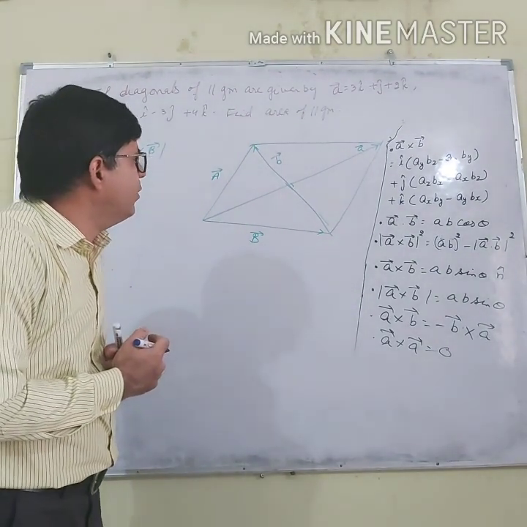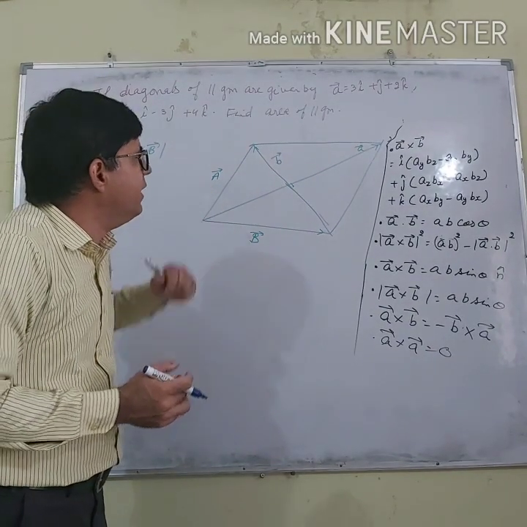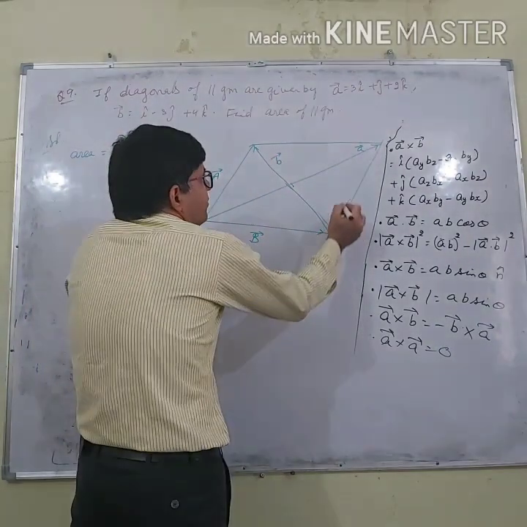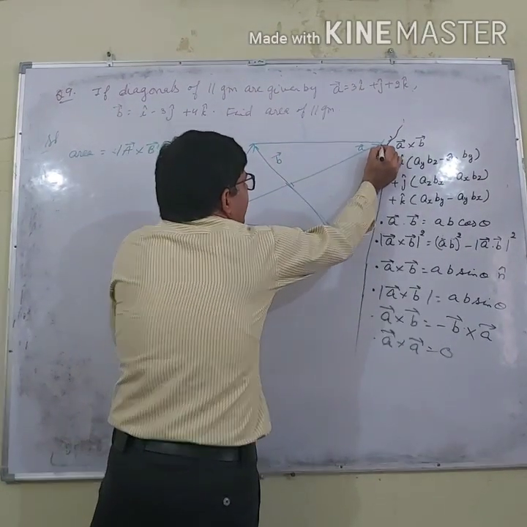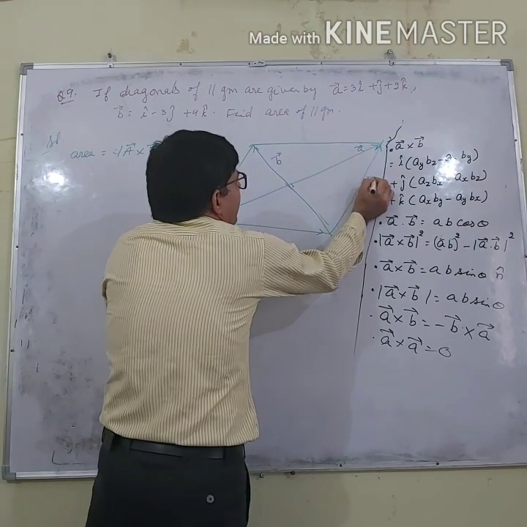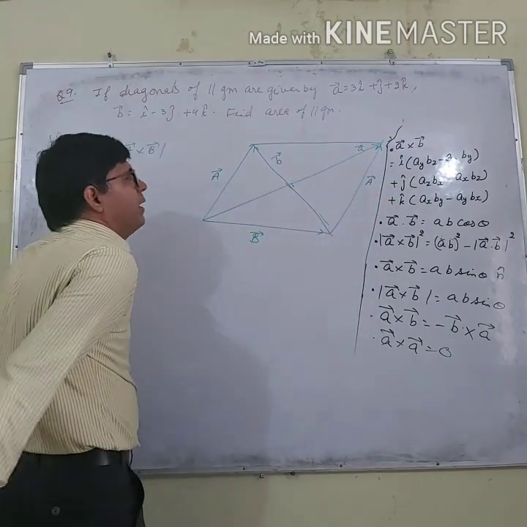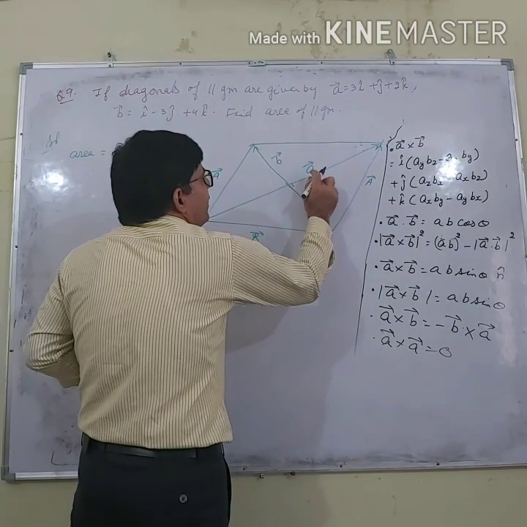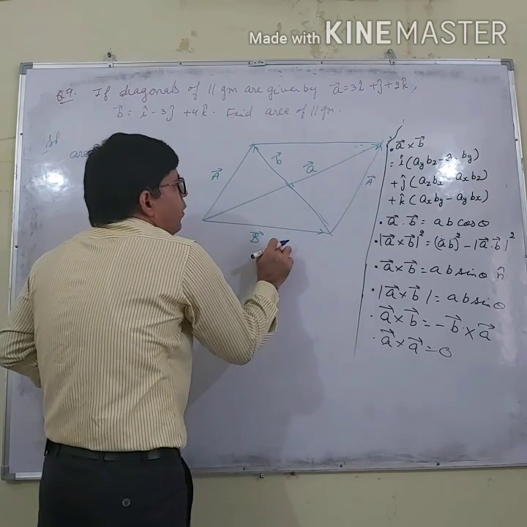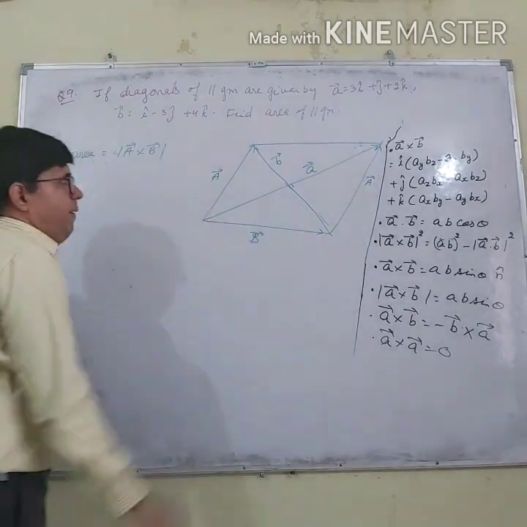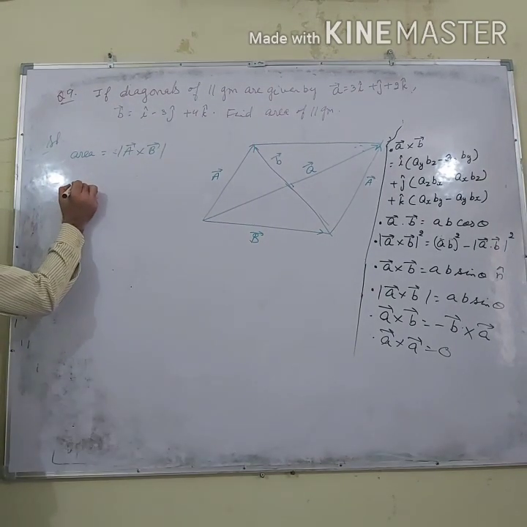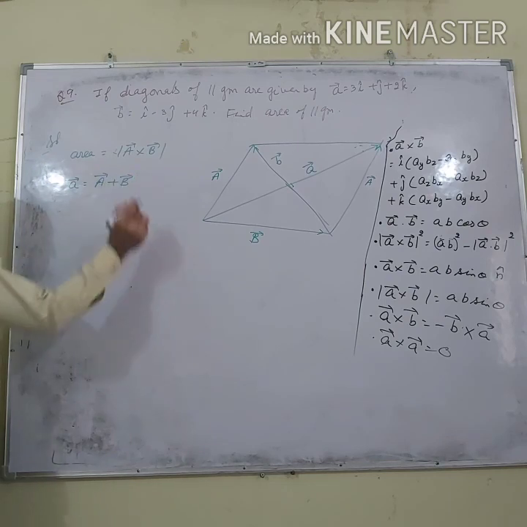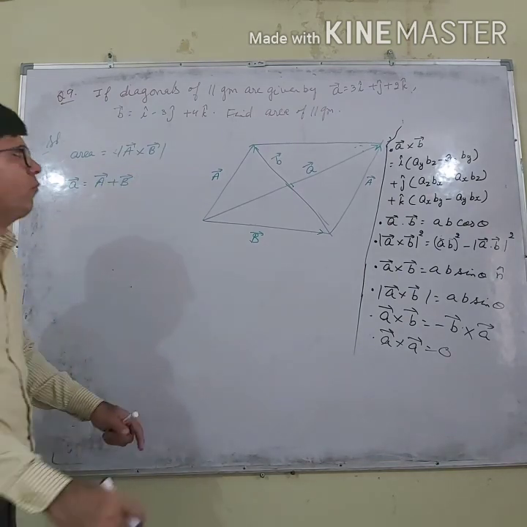It is very simple to find vectors a and b. Look, if I consider this triangle, this is also vector a because it is the opposite side of the parallelogram. So using the parallelogram law of vectors, I can say vector A is the resultant of vectors a and b, using the triangle of vectors.